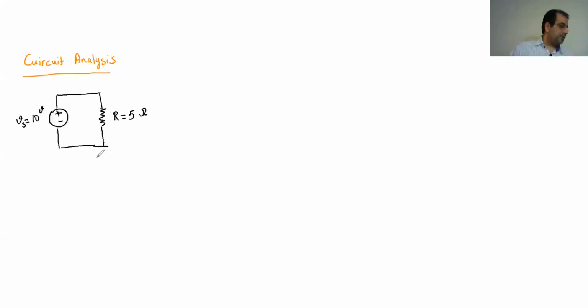So assume this is the circuit I have, and when one says that we want to analyze the circuit, it means that we want to find the current and the voltage in all elements. Here, the battery is the source, and the only other element we have is the resistor. It means that if I tell you to analyze this circuit, go ahead and find the voltage and current in this resistor here.